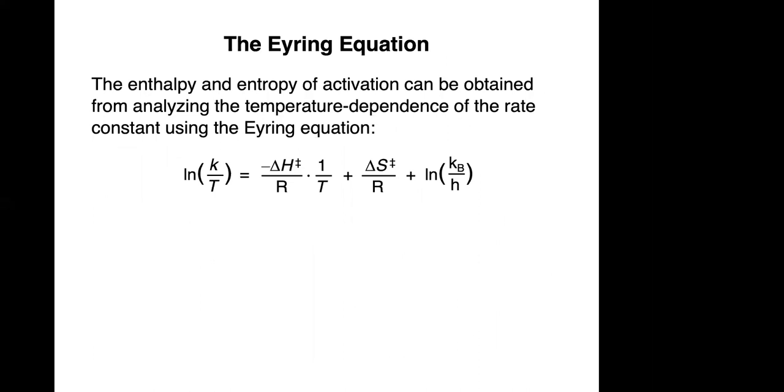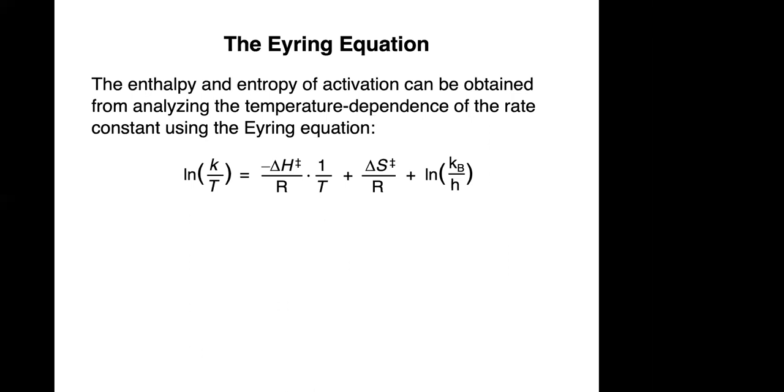In this form, we have log of the rate constant k divided by temperature is equal to the negative of the activation enthalpy divided by the real gas constant times temperature, plus a term which is the activation entropy for the reaction divided by the real gas constant, plus a final term which is log of Boltzmann's constant over Planck's constant. That final term will just be a constant.